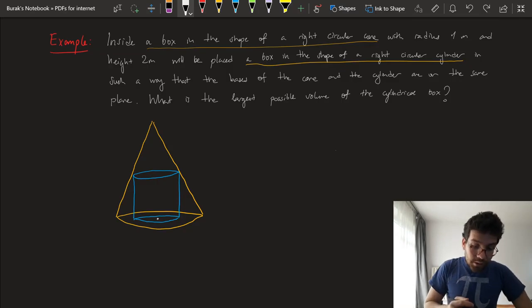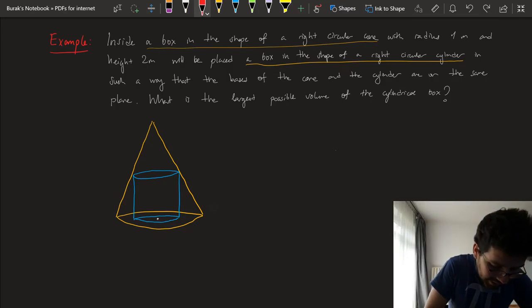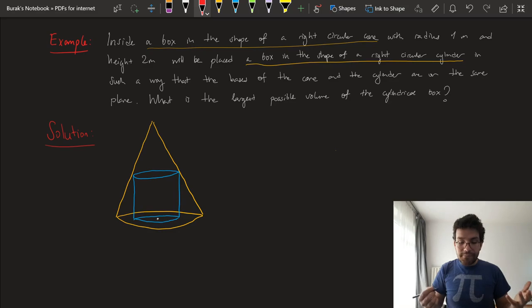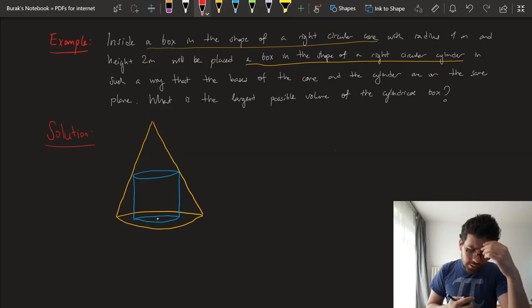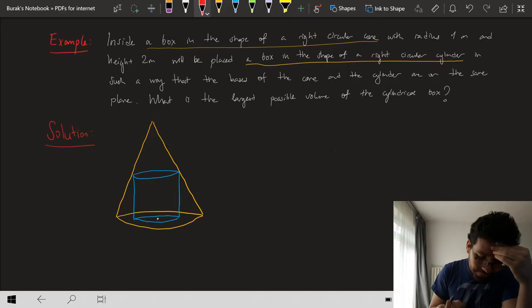Okay. So if I want to find the largest possible volume, whatever that volume is, the cylinder which has that volume will look like this inside this cone. Okay. Now, how do I figure out the largest possible volume?